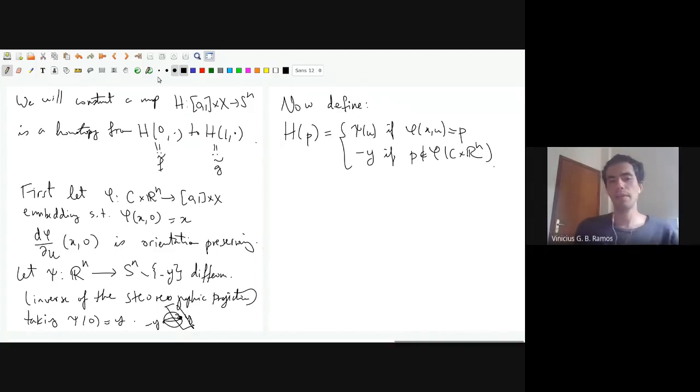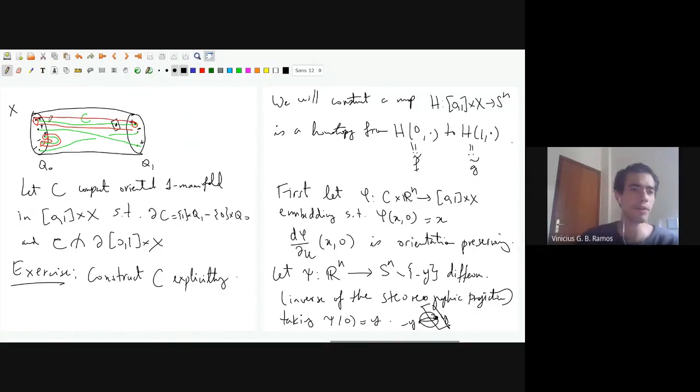In other words, all that you do is pick a diffeomorphism from Rn to a punctured sphere, and then you use this tubular neighborhood result to say, for each slice, at the level xu equals 0, I take this to y, and then the whole Rn that goes around it, I map that to the sphere, and I miss one point. Okay, so that's the map you obtain.